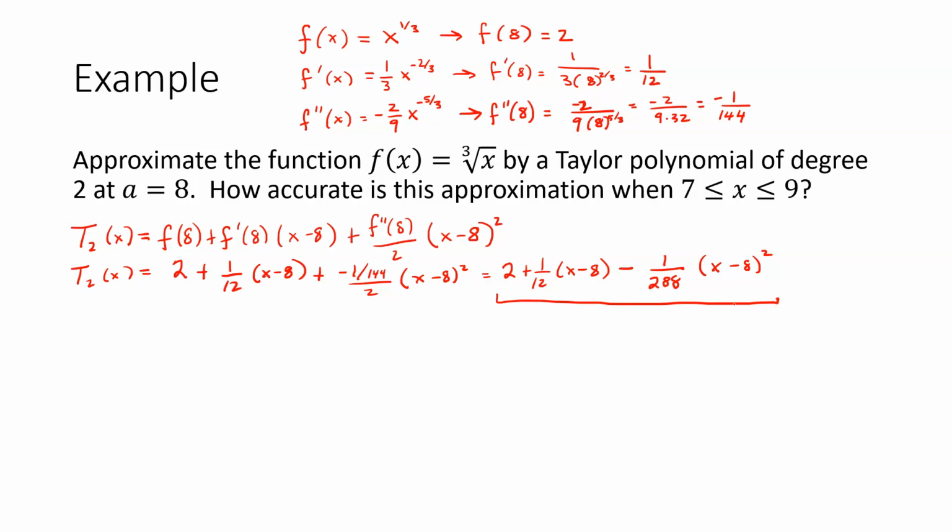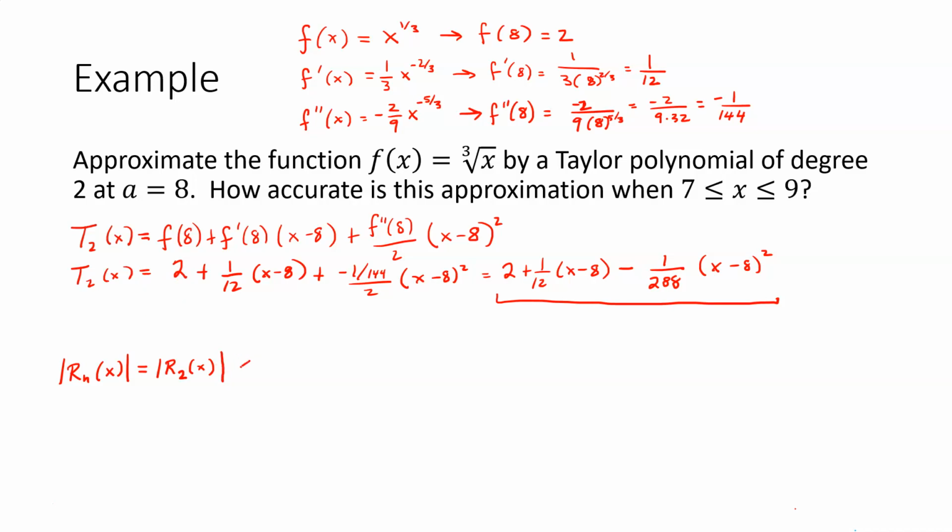However, I can just use Taylor's theorem. So let's think about how Taylor's theorem might tell us something about the error in R_n. Sorry, take that back. I want R2, since we're doing T2.